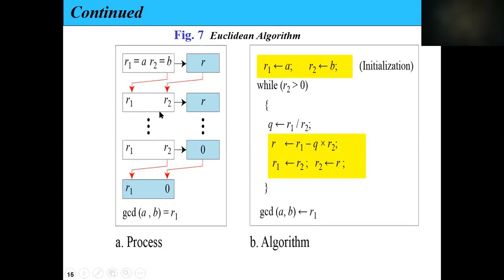Then we divide these and write the remainder, and every time you place r over here, with the remainder r2. You repeatedly apply the same step until you get 0 as the remainder. In that case, the last nonzero remainder will be your GCD of A and B, and this is the pseudo code for this Euclidean algorithm.